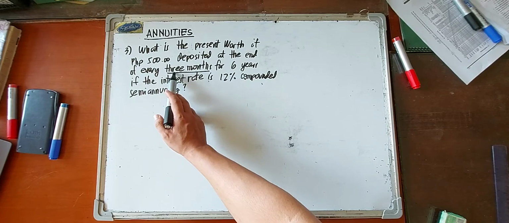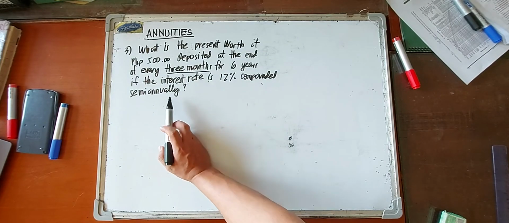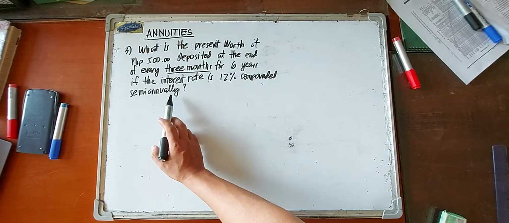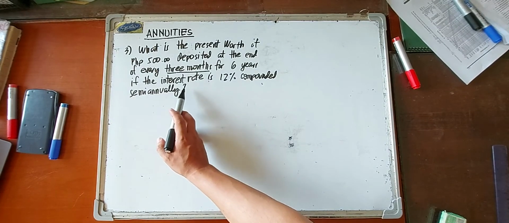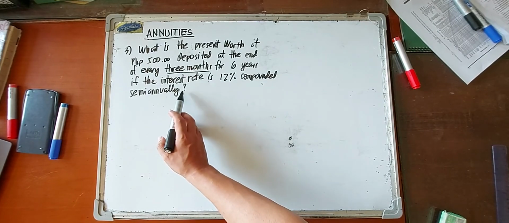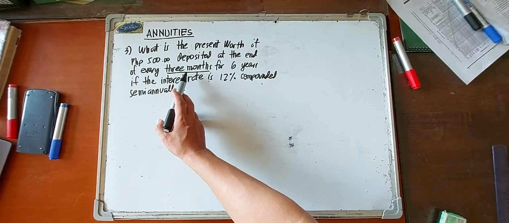So 3 months ito or quarterly siya. Semi-annual yung compounding. So if that is the case, then we need to solve the equivalent interest rate, yung 12% compounded semi-annually, ko-convert natin yan sa equivalent interest rate sa quarterly.